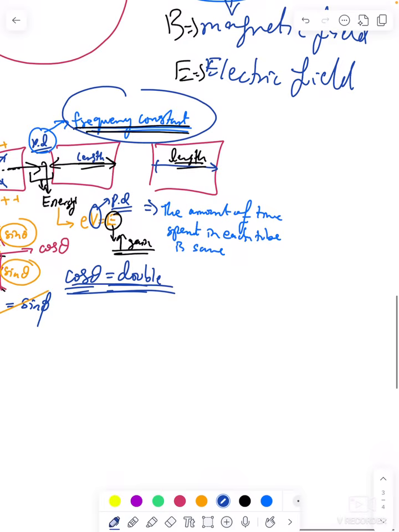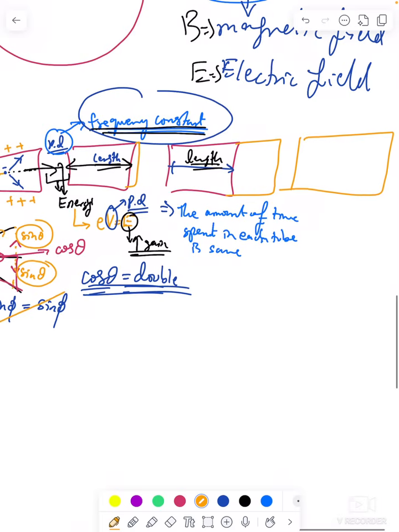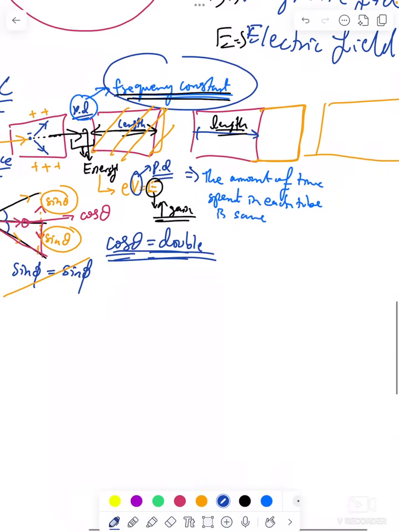But the length, no, not the same, sorry, that's a mistake I made. The length will keep on increasing. Let's suppose this is the first length, the second length will be the length plus some increased length. Sorry, not length same, length increased. But in the end, the length will be the same.